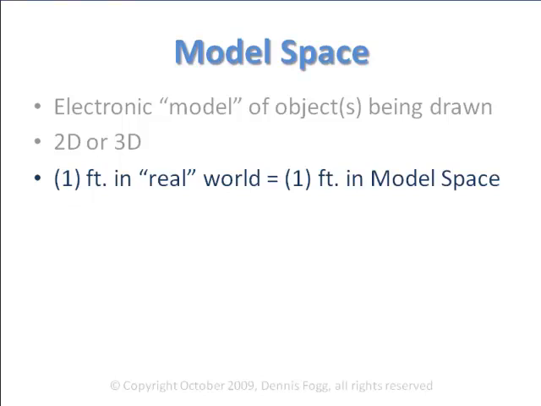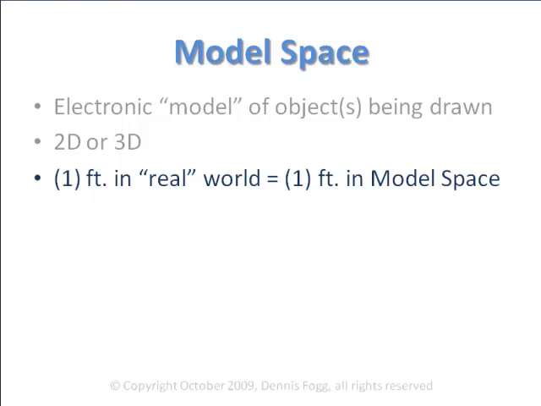One of the most important concepts associated with model space is that you are creating geometry at full scale. You're asking, how is that possible? Well, consider that model space is an electronic representation of an infinite universe right in your computer. We have the ability to zoom in or out to a scale that allows us to see it in a meaningful way.